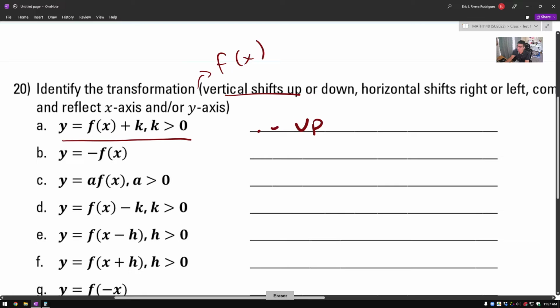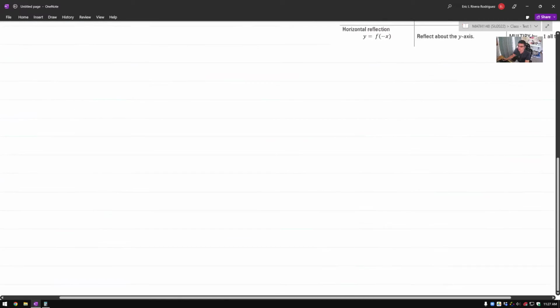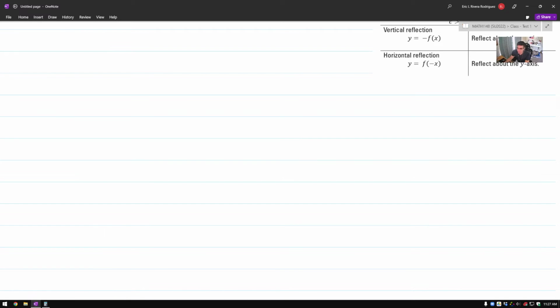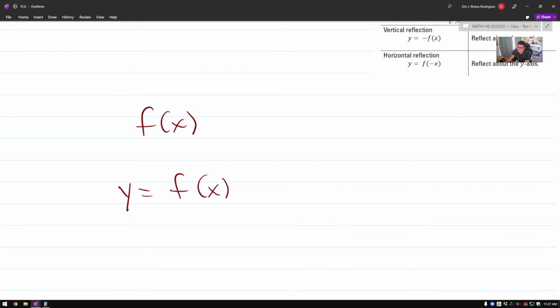Okay, so let's go back to this part here. Let me give you a more concrete example. Let's say that we have this parent function, f of x, and then I'm going to tell you, let's transform f of x this way.